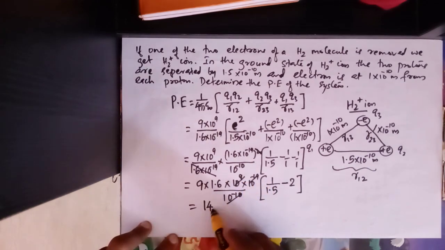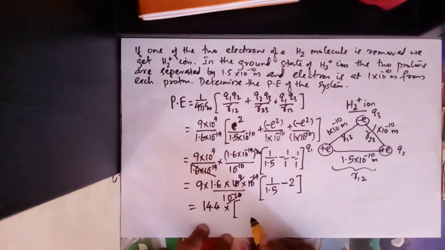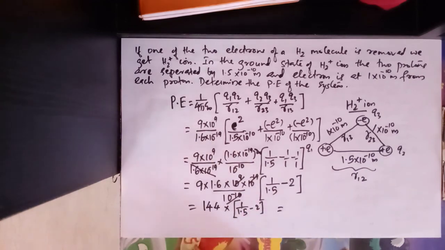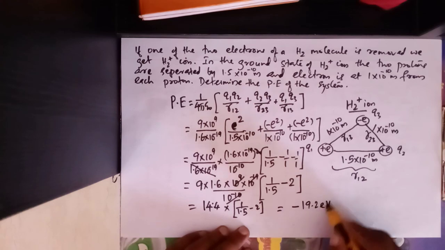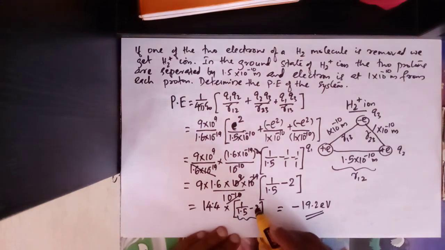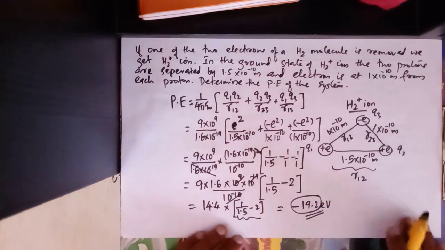So it will be 14.4 when you multiply these two, into 1 by 1.5 minus 2. When you calculate this, the answer you are going to get will be minus 19.2 eV. This will be the answer.